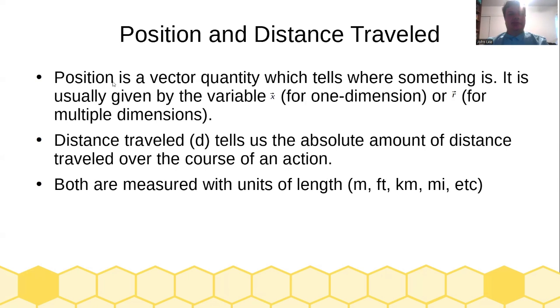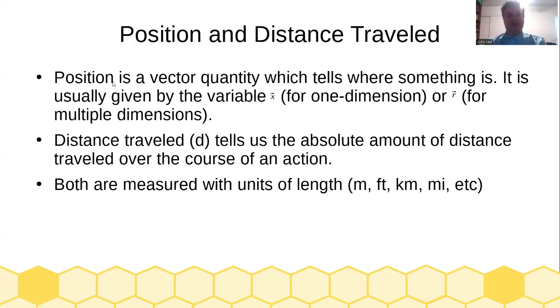Position is a vector quantity which tells where something is, usually given by the variable x for one dimension or r for multiple dimensions. Distance traveled, d, tells us the absolute amount of distance traveled over the course of an action. So position is a vector quantity and distance traveled is a scalar quantity.